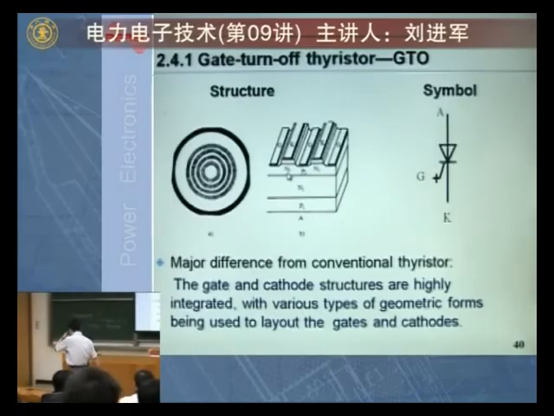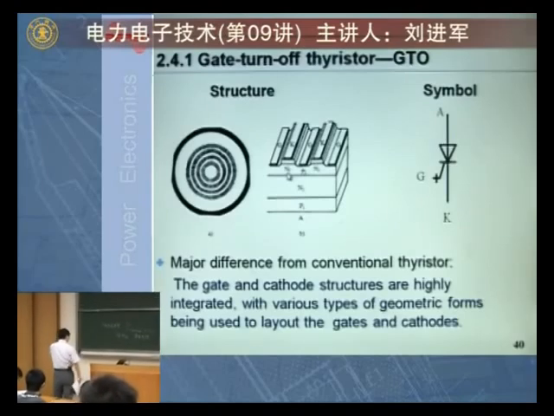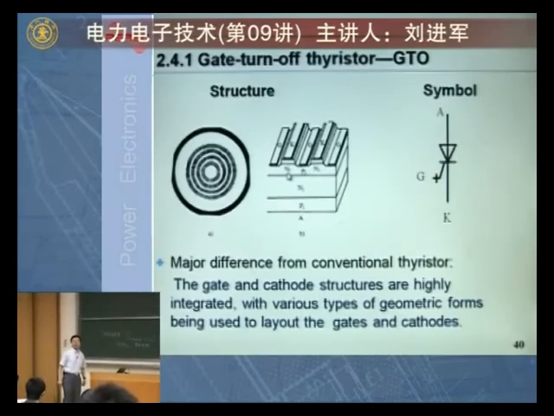Let's look at GTO. What makes GTO so different from ordinary thyristor? There are several differences. First one, the gate and cathode structures are highly integrated.